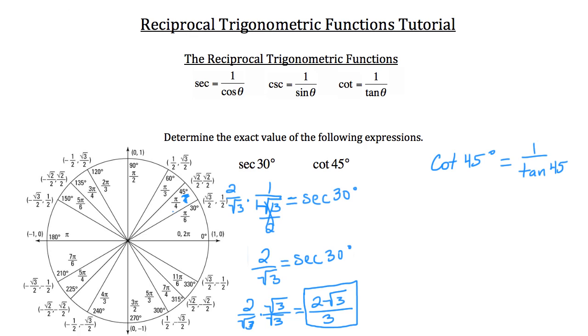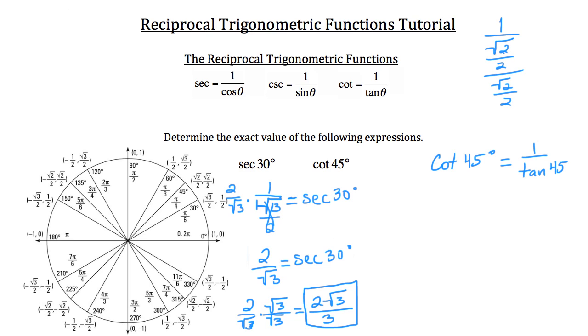So here's our 45 degrees. Our sine is here, the y value, root 2 over 2. And our cosine is here, root 2 over 2. So tangent is sine divided by cosine. So what we have is 1 divided by our sine, root 2 over 2, divided by our cosine, which is also root 2 over 2.